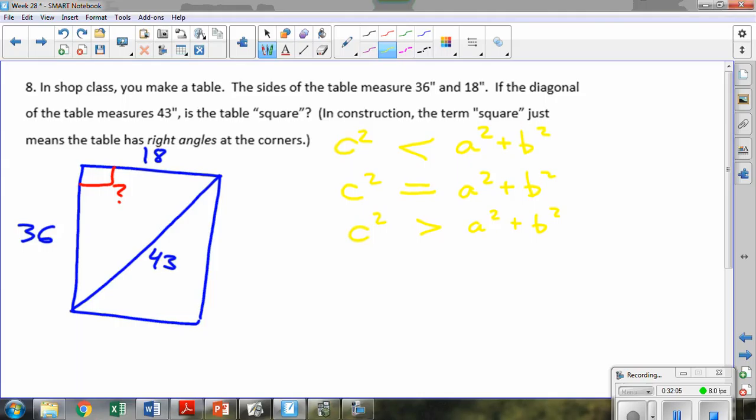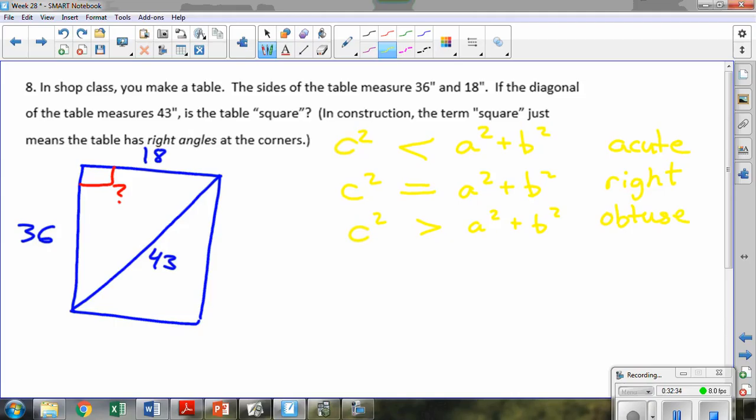And this stuff in yellow, I don't expect you to have written down on your exam, but this is the thing that should pop in your mind. This is the knowledge that you should have. You should know that if c squared, the supposed hypotenuse squared, is less than the sum of the legs, that will cause it to be an acute triangle. If it's equal, you actually get a right triangle, and if it's greater, it causes it to be an obtuse triangle.